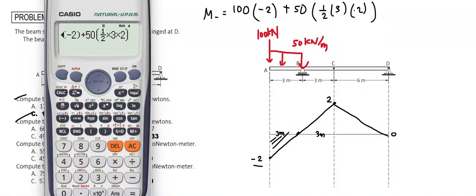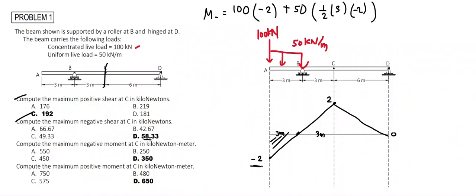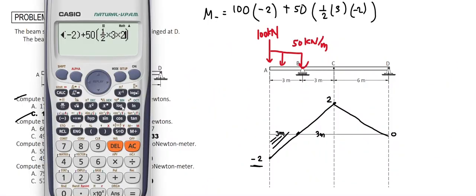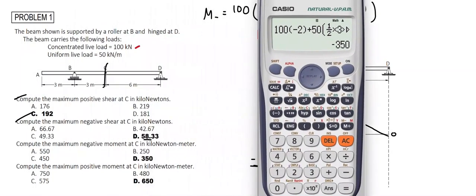This sign here should be negative, because the value here is negative 2. That is equal to negative 350 kilonewton-meter, which is letter D.